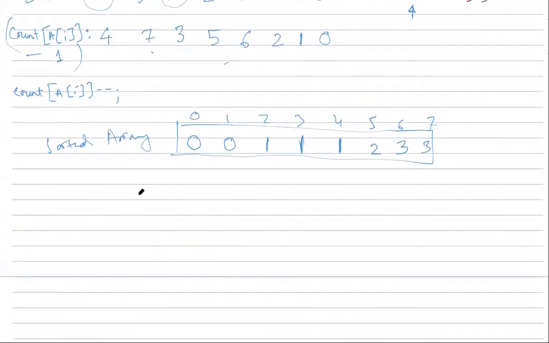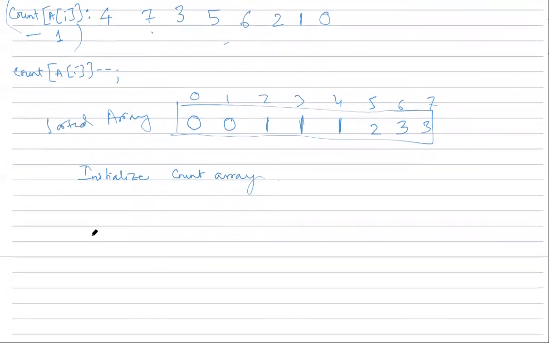And this is how the sorted array will come out. So overall algorithm, if I have to write down, it is comprising of these steps. So initialize count array. Okay. Then compute frequency, compute position.